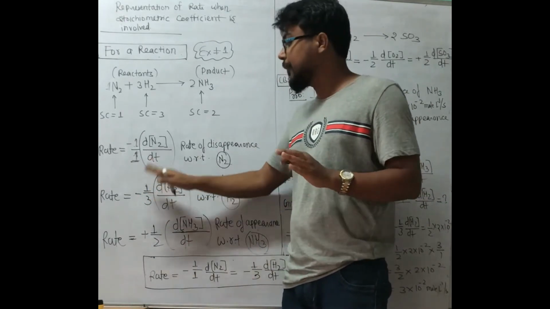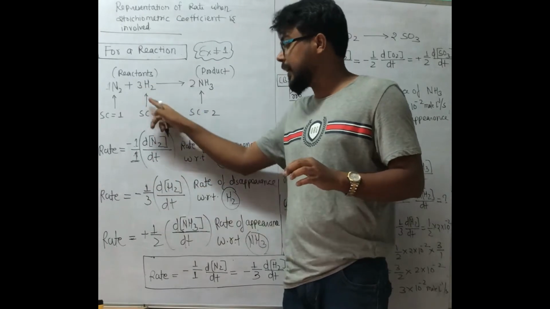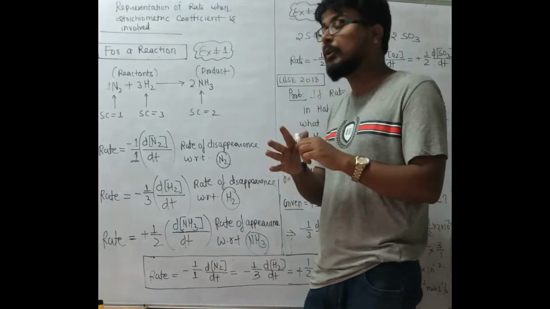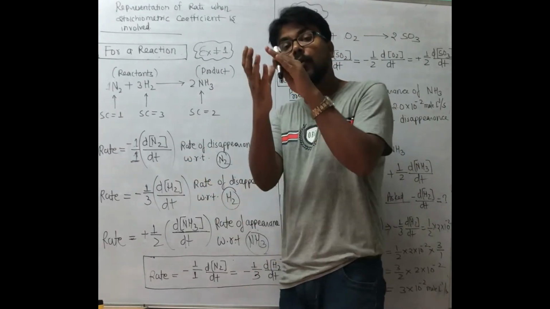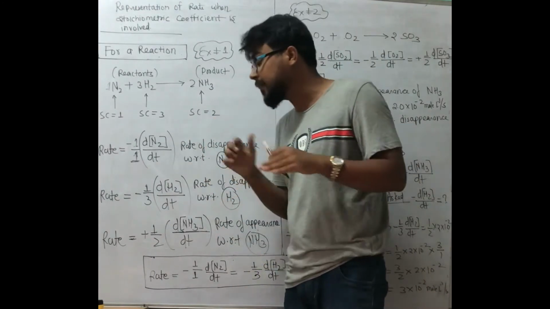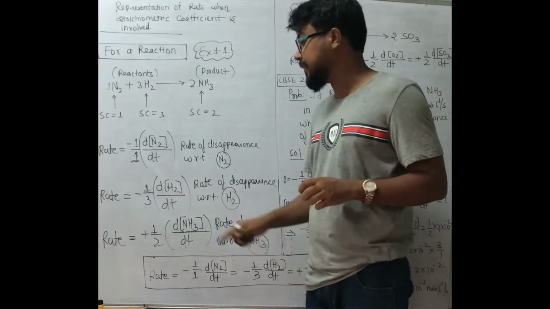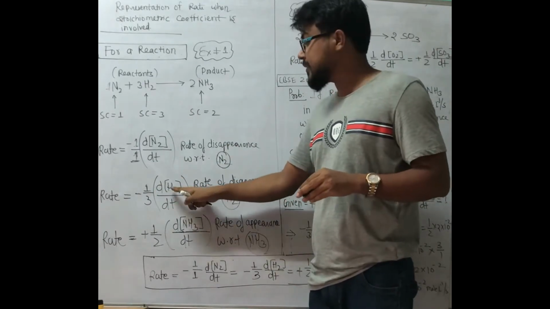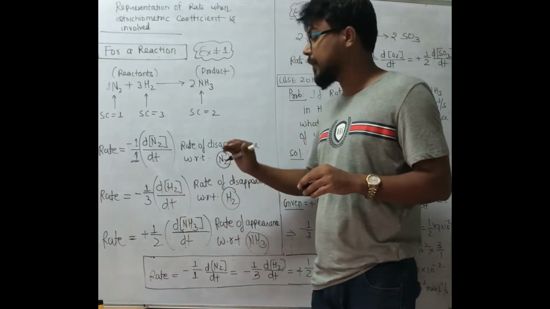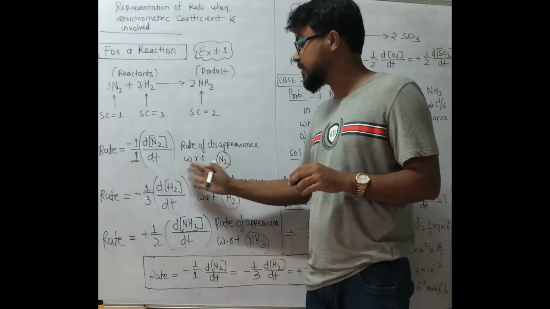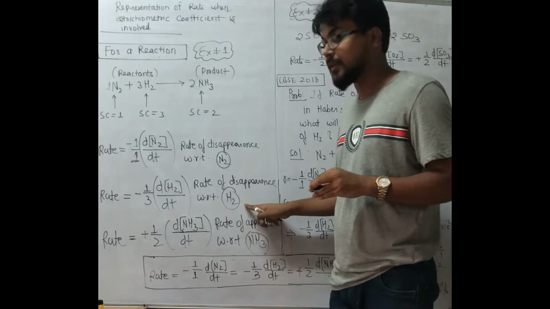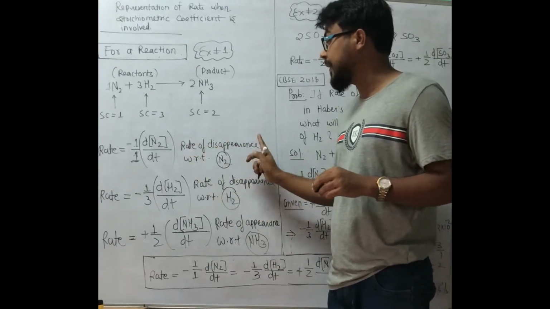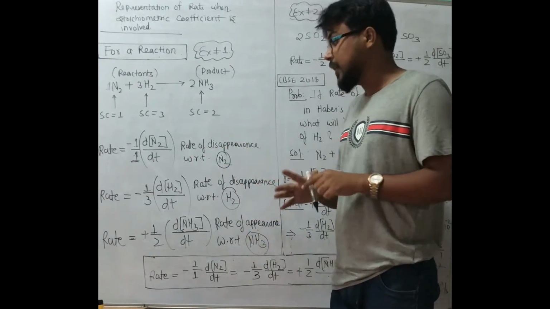Why did I put 3 as 1 by 3? Because whatever the value of the stoichiometric coefficient, I have to frame it in the form of 1 upon that particular value, so it is 1 by 3. And d[H2] by dt, H2 is again in square bracket, which means its molar concentration. So it is the rate of disappearance with respect to hydrogen, and the rate of disappearance with respect to nitrogen.